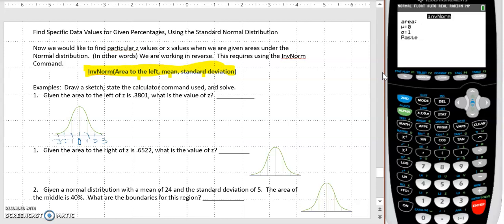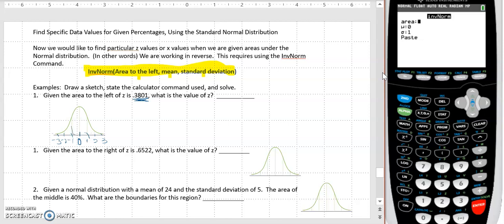What this is saying is that the area to the left of a particular z is 0.38. Now, if the z was 0, the area to the left would be 0.50, right? Because 0 splits the standard normal curve into 2 halves. So 0.38, I don't know really where it is.